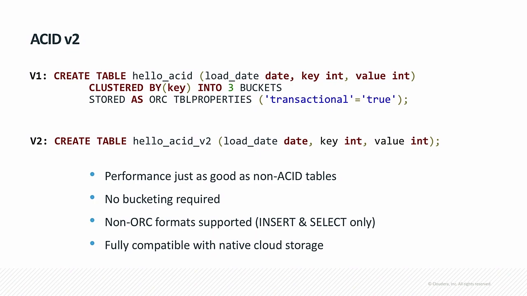We've reworked the way that ACID storage works, and that's had a lot of positive effects. Performance is now just as good as non-ACID tables. For our latest round of performance benchmarking, we ran our TPC-DS queries using ACID tables. So the performance penalty is basically gone with ACID tables.